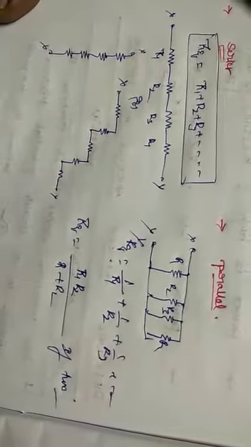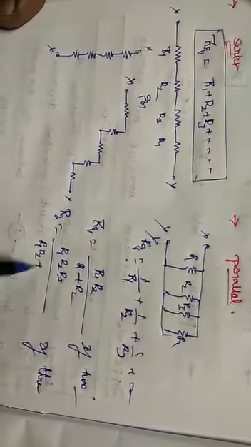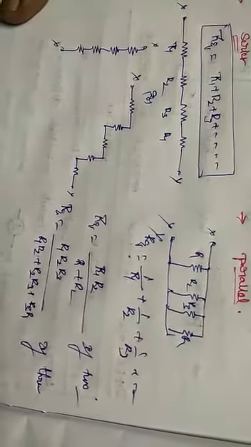If three resistors are connected in parallel, then R equivalent is R1 R2 R3 by R1 R2 plus R2 R3 plus R3 R1, like this.